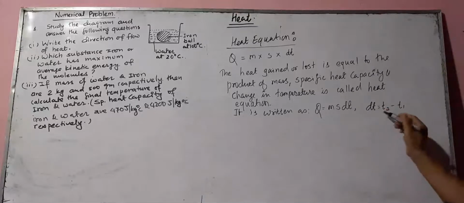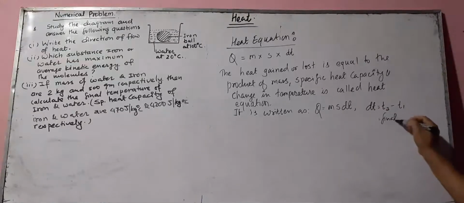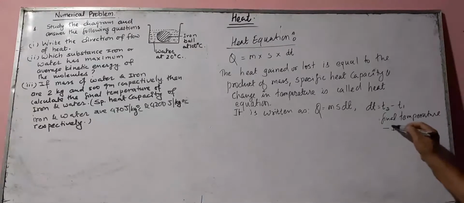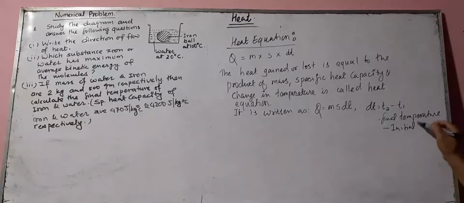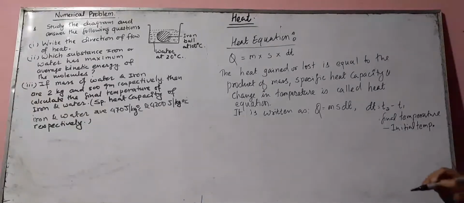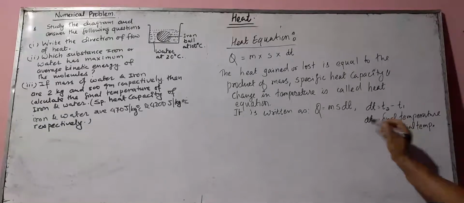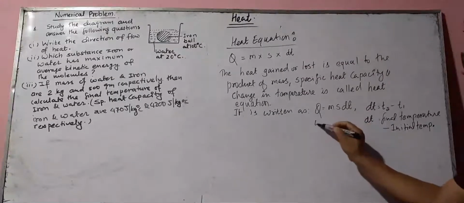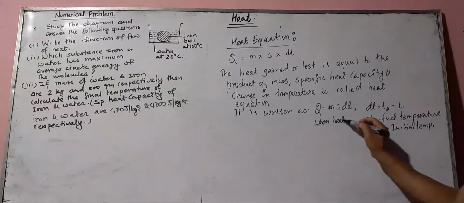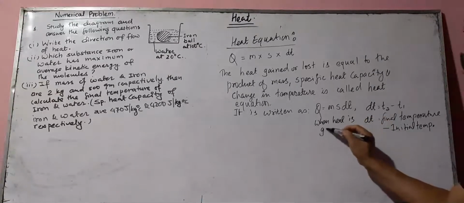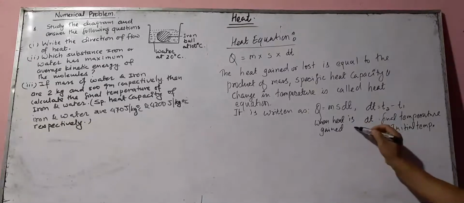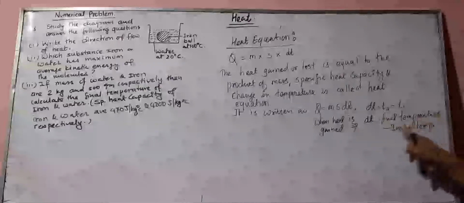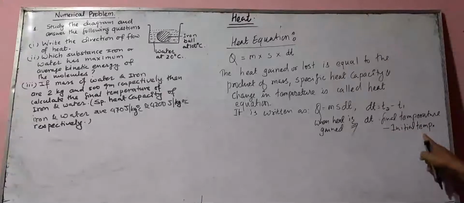So you can write final temperature minus initial temperature. In case of water body, cold body, when heat is gained, then dt is final temperature minus initial temperature.